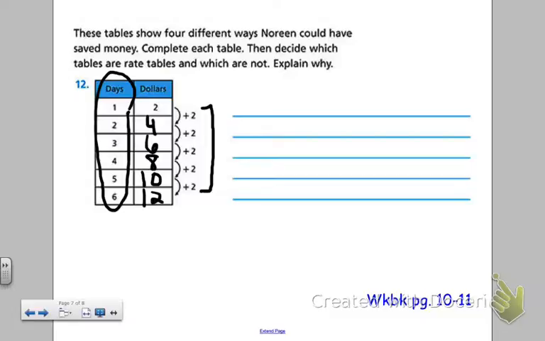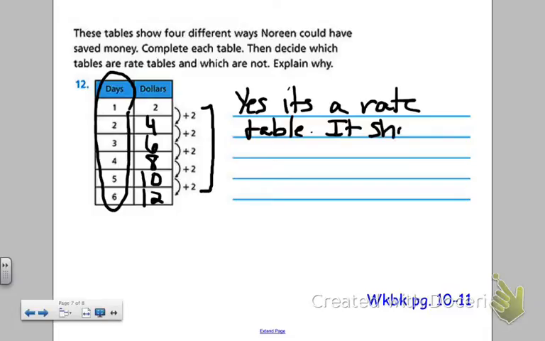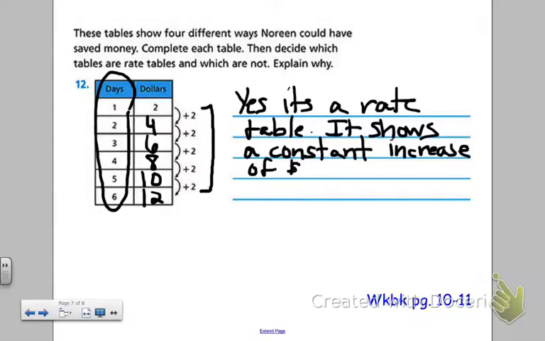So in this case, I would say yes, this is a rate table. And let's see, if I want to explain it, I can say, well, it shows a constant increase of $2 per day.